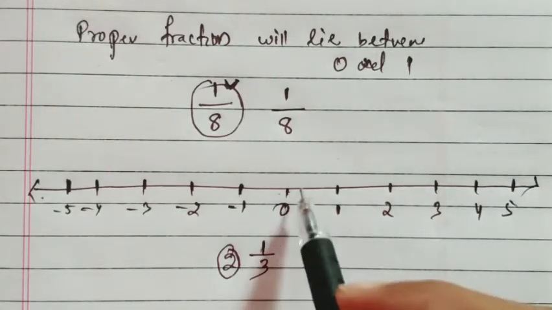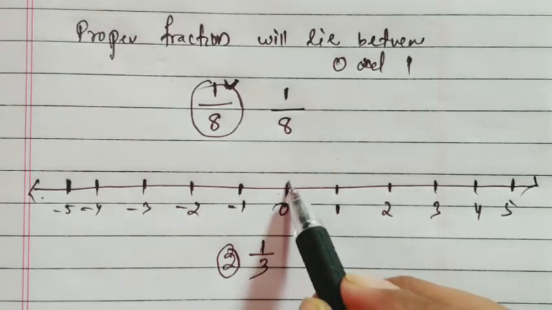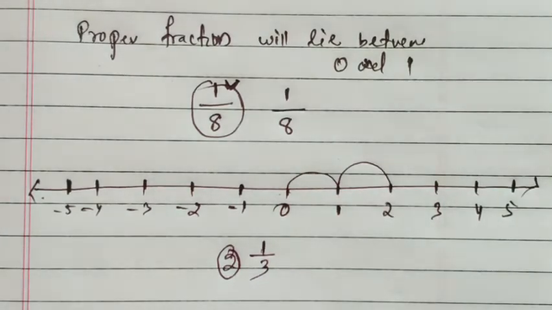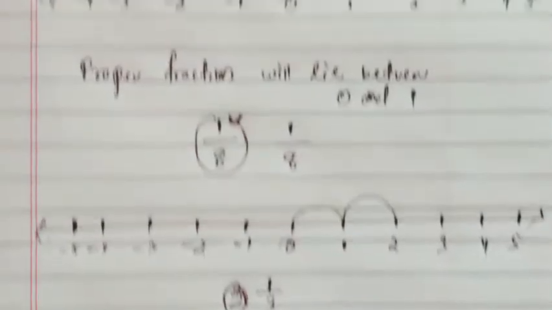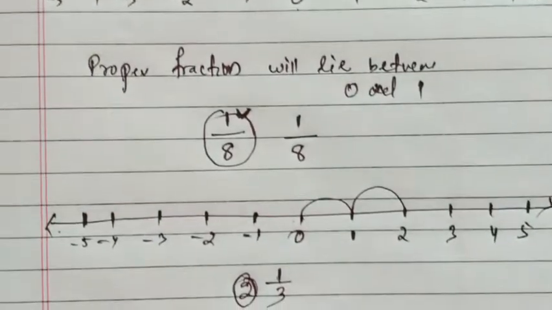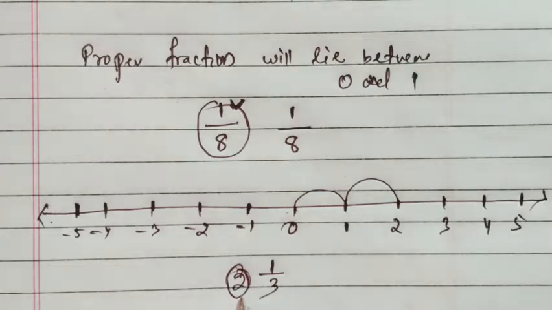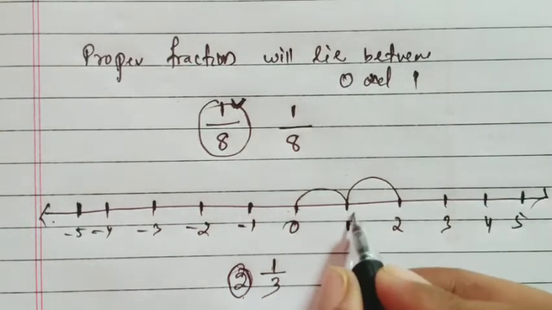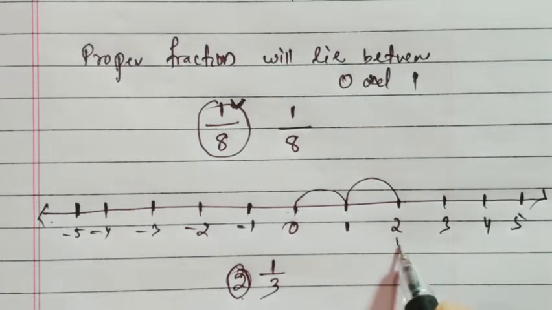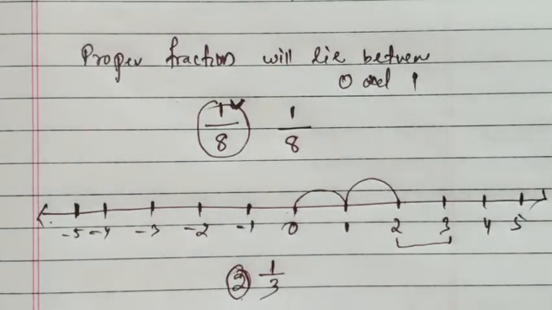So what to do? Start here, 1 and 2. So 2 is completed. In case of an improper fraction, we have to do it like that, but in case of a proper fraction, just simply do it the other way. So for the improper fraction 2 1/3, this 1/3 comes between 2 and 3.